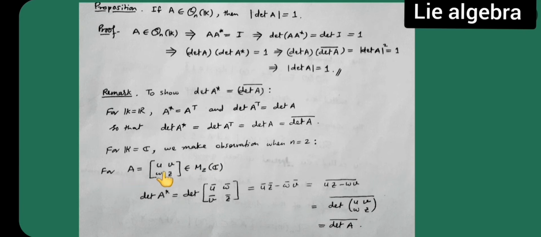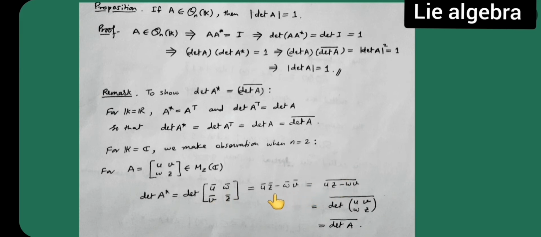For A equal to the matrix with rows U, V and W, Z belonging to M2 of C, determinant of A star is the determinant of the matrix with rows U bar, W bar and V bar, Z bar, which is U bar into Z bar minus W bar into V bar.